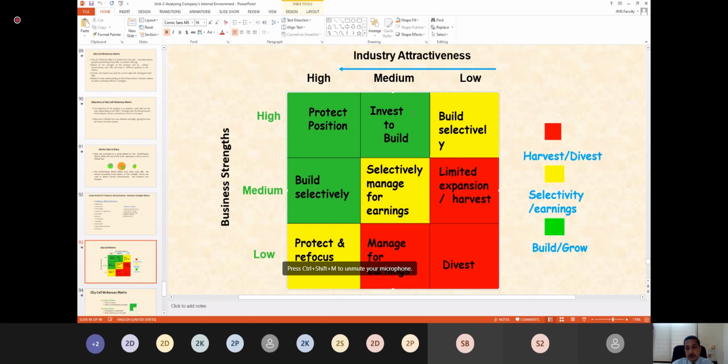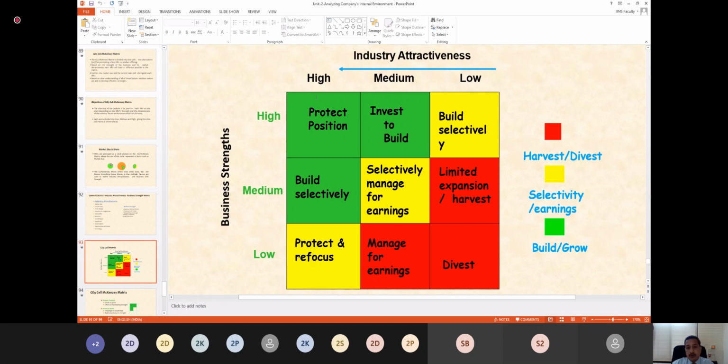So three positions we have now discussed, that is this green zone, wherein we have three important positions. Protect position, wherein the business strengths are very high, as well as industry is very attractive. Second position, wherein industry attractiveness is medium, however the company has high business strengths, so we can invest so as to build the business into that particular segment.